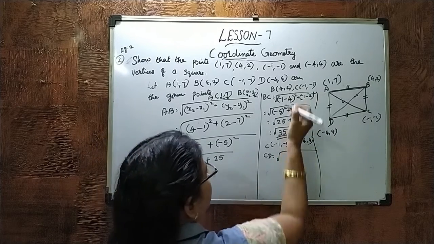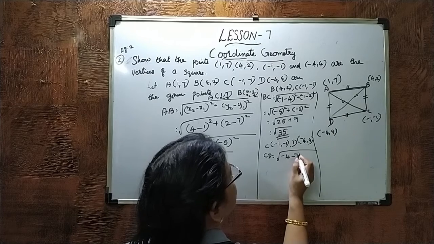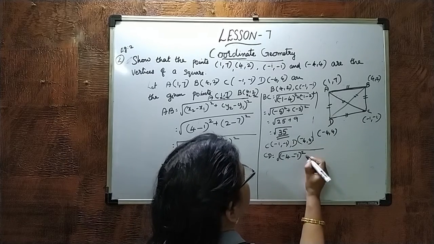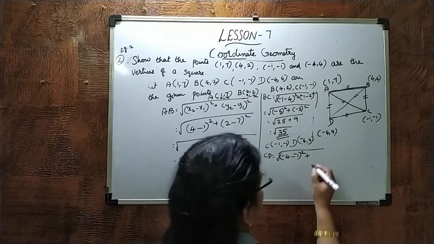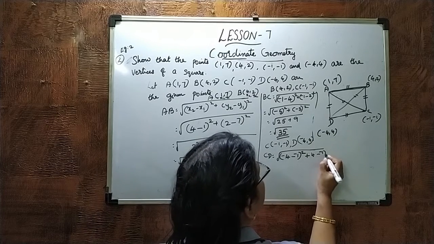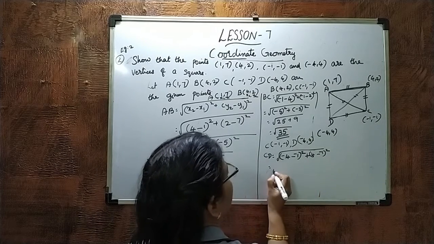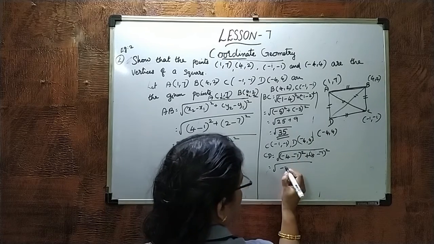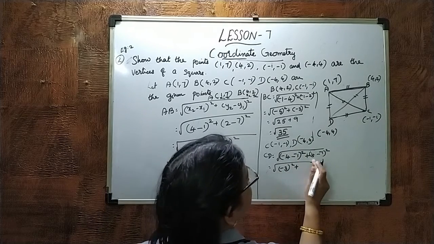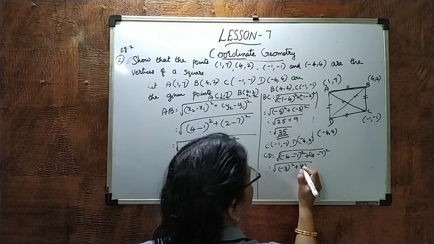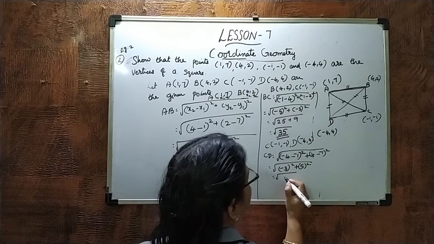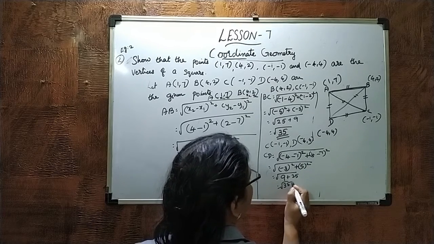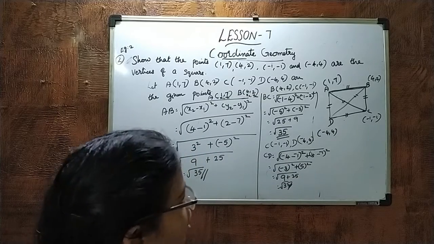So here it will be root of (-4 minus -1) the whole square plus (4 minus -1) the whole square, equals root of (-4 plus 1), right? So it will be (-3) square plus (4 plus 1), 5 square. So same thing, what will you get? 9 plus 25, and you will get the answer root of 35. So CD also you got.